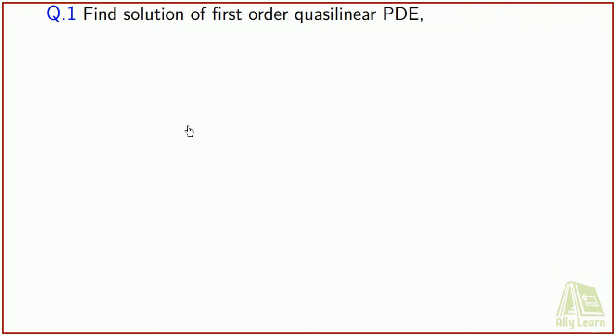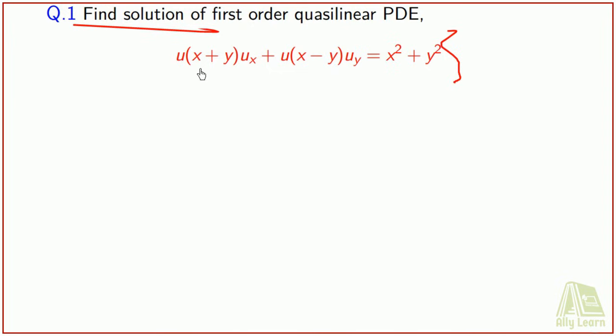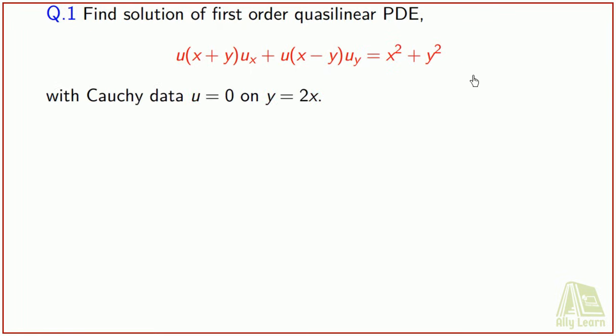So the question is, find the solution of the first order quasi-linear PDE given by this expression. u into x plus y, this is partial derivative with respect to x, plus u into x minus y, this is partial derivative with respect to y, equals x square plus y square. Now this is the quasi-linear PDE, and the Cauchy data is given by this expression u equal to 0 on y equals to 2x.